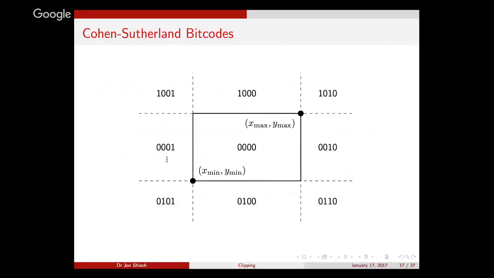If our point is anywhere in the 8 regions around the window, we give it these binary numbers, and these are called bit codes. That may look a bit random, okay, but there is method to these bit codes.